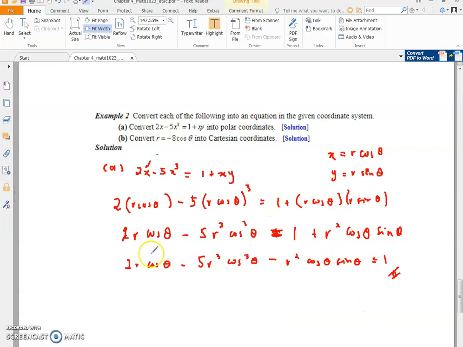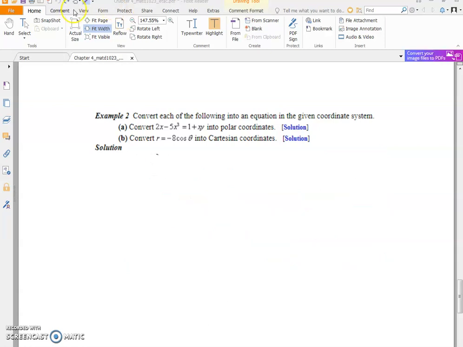Okay, for question B, let us see how to solve it. Let's write the question again: r equals negative 8 cos theta. As we know, x equals r cos theta is still valid there. In order for us to get this into x, you must have r on your right hand side.